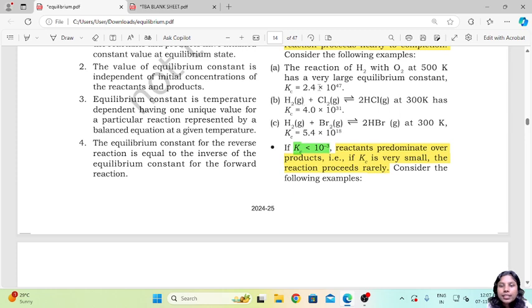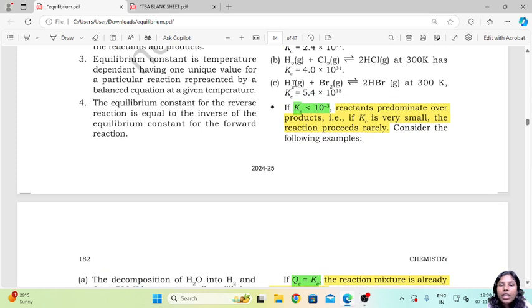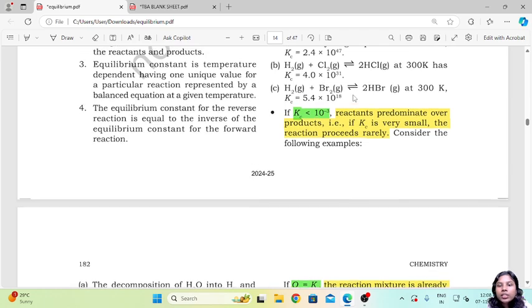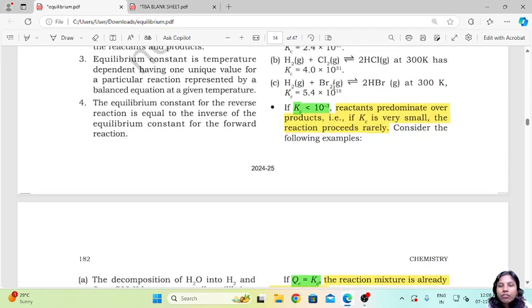Next, let's talk about H2 plus Cl2, which gives us HCl. Here also, the Kc value is quite high. So we can say that the reaction was almost complete, that is, the majority of the reactants have converted to form HCl. Last we have H2 plus Br2. Here also it is significantly large, and we can say that the reaction has proceeded to almost completion.